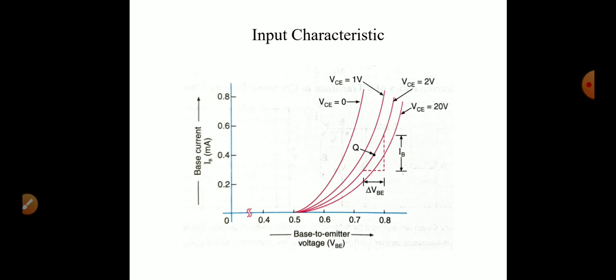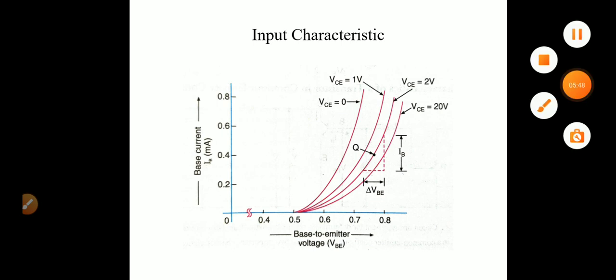When we increase the collector to emitter voltage, the input characteristics shift downward. This is because when we increase the collector emitter voltage, the base width, the depletion width, also increases. Depletion width increases means the base current also increases.